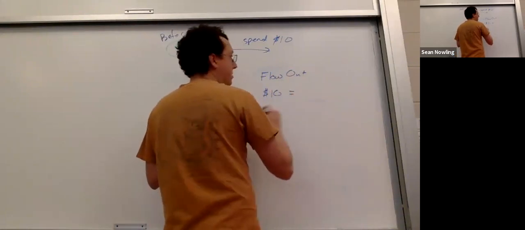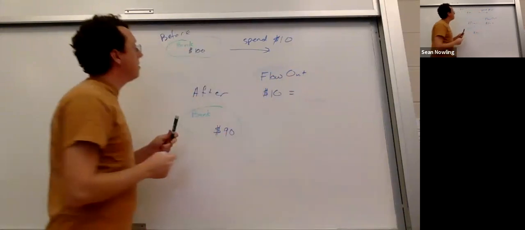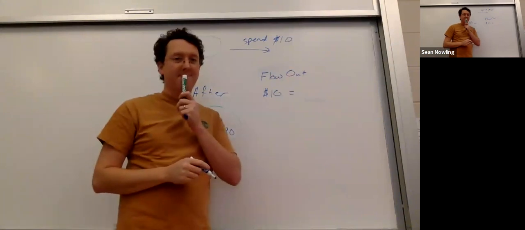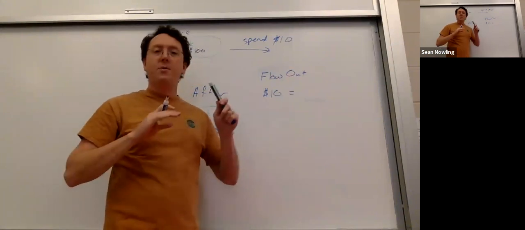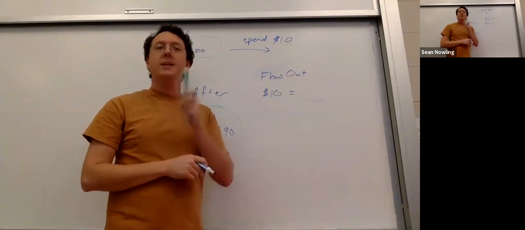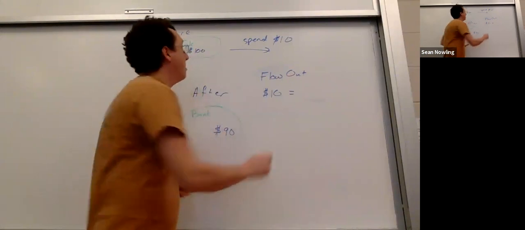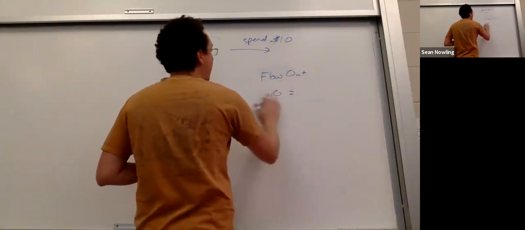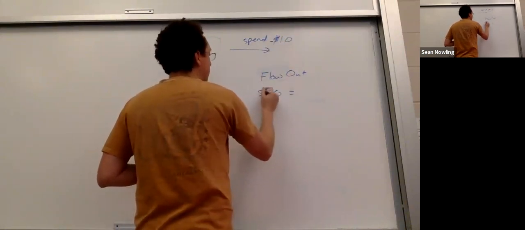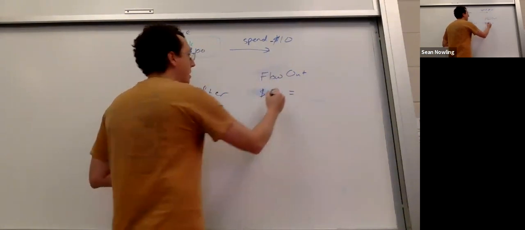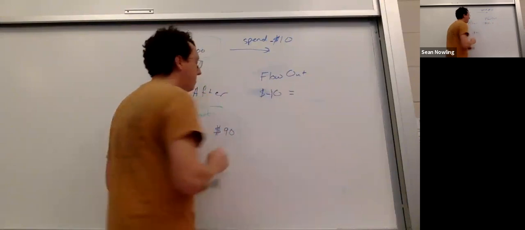Oh, let's be careful. Minus signs. If you're spending money, I want to say that the flow out is a negative 10. I apologize. I should have caught that. It's a negative 10. Very good.